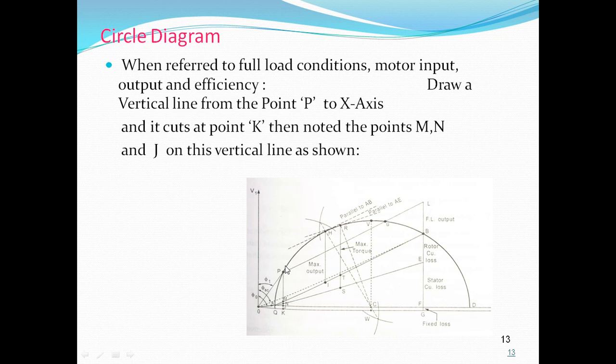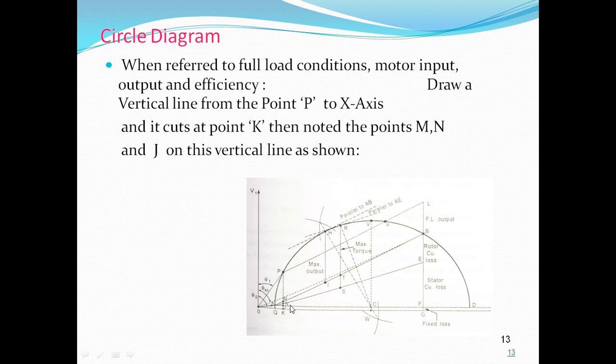So PK cuts the output line at M, torque line at N, and horizontal line at J.